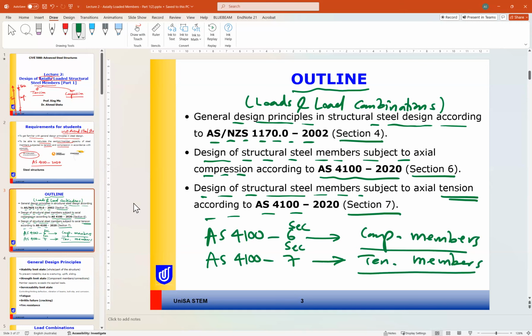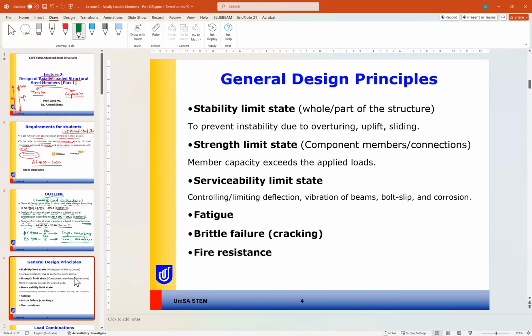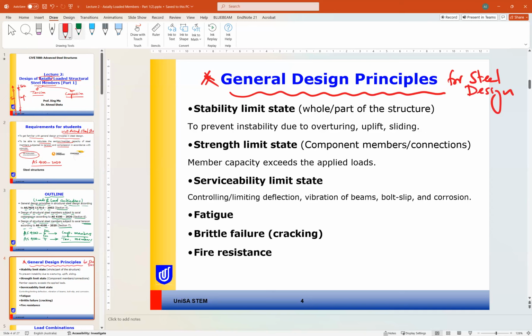Okay, so this is the outline of the section of the standards we are using in our lecture today. So let's start with the general design principles for steel design according to the Australian standards.